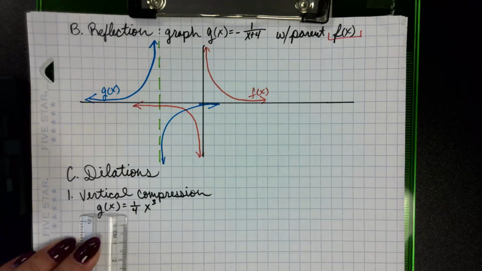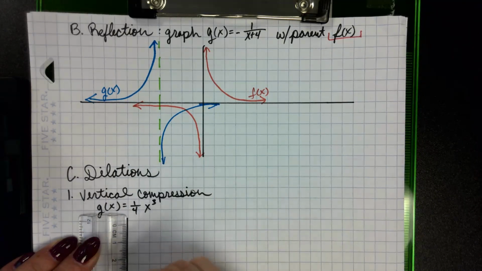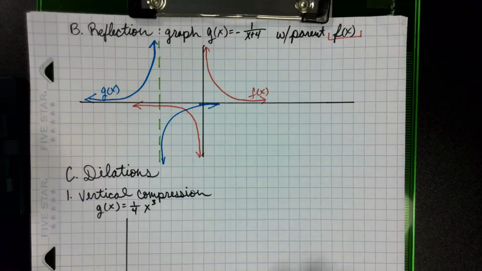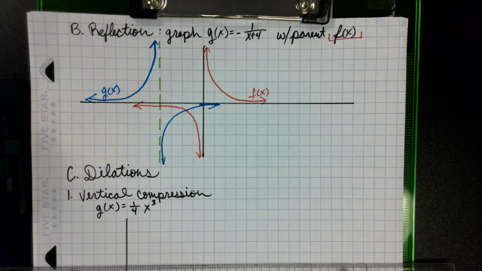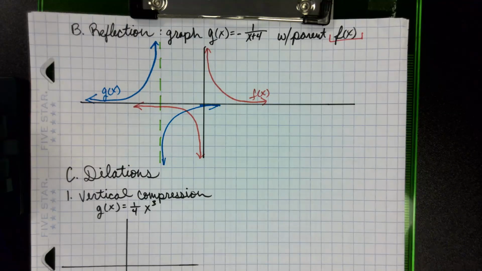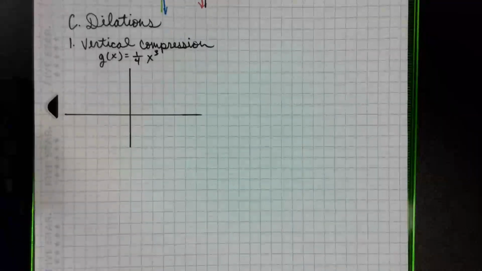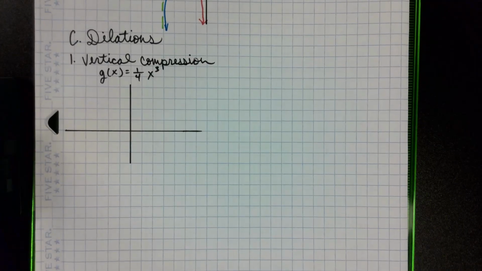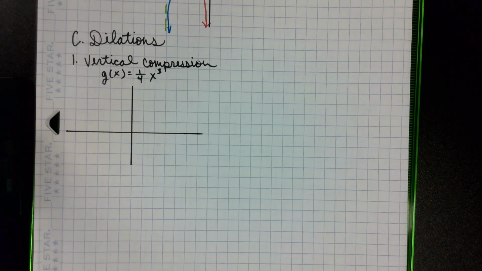So parent function x to the 3rd power. Oh, you can't see it anymore. Parent function x to the 3rd power.